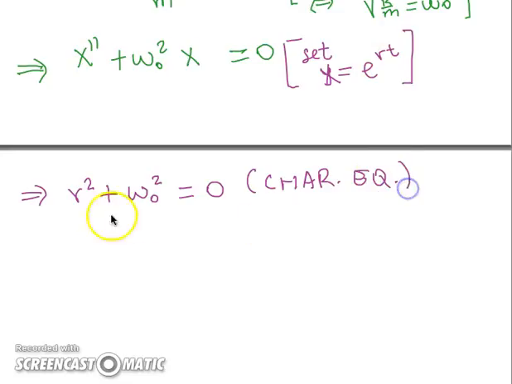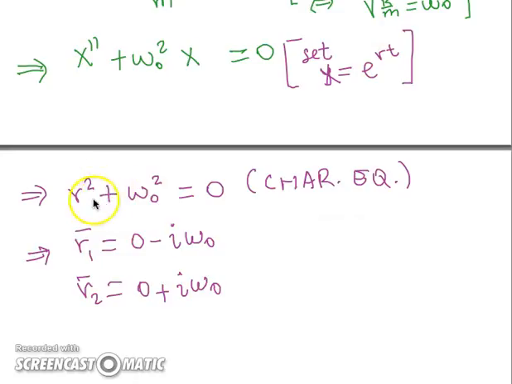We're looking for the roots of this characteristic polynomial, and so solving for r in that equation, we find r1 and r2. They are complex conjugates of each other, and they are of the form plus or minus i omega 0.